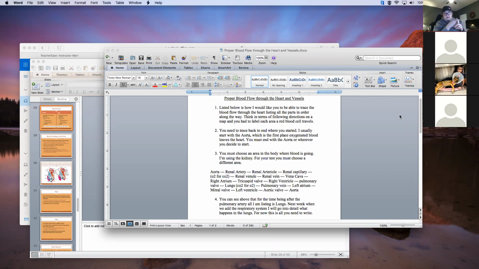So pulmonary valve, pulmonary artery, and then the pulmonary artery goes to the lungs. And you wouldn't put lungs first and then pulmonary artery because the pulmonary artery is going to the lungs. That would be reversed. So that's what I'm going to look for, the proper flow.